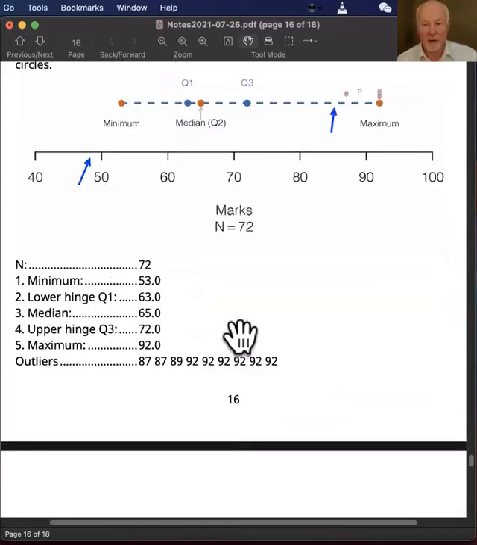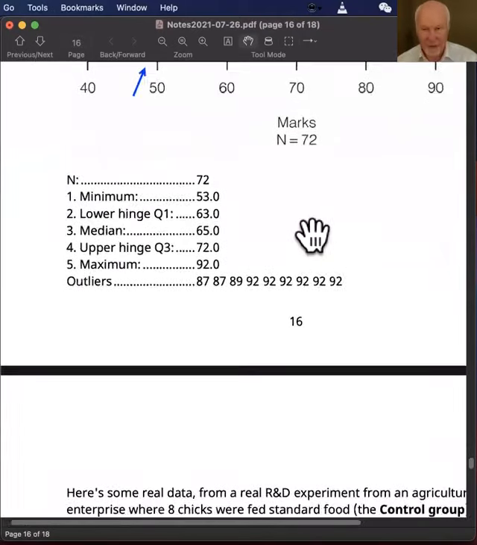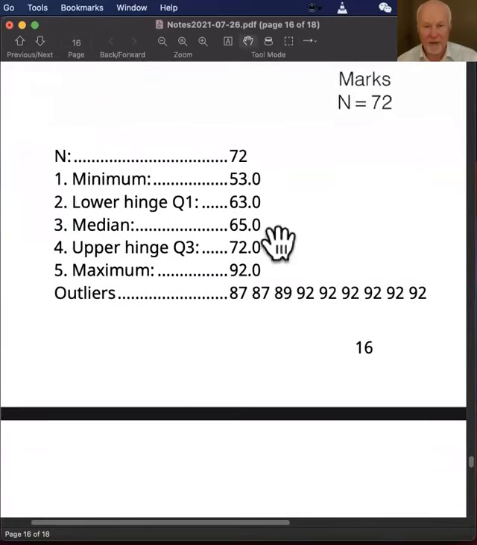When we do what's called the 5-number summary, if I asked you to do a 5-number summary of some data, that's what I'd be looking for. We nearly always report n, the size of the variable, the length of the variable, and then the minimum, the median, the maximum, and the lower hinge, Q1 and Q3.